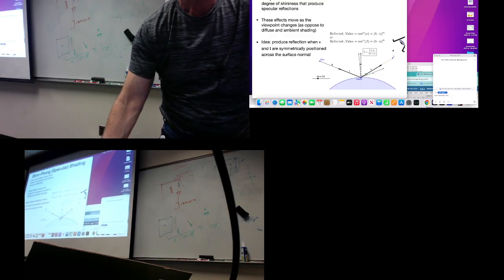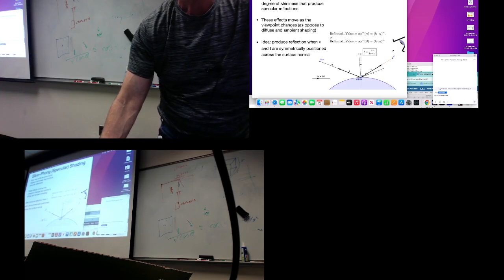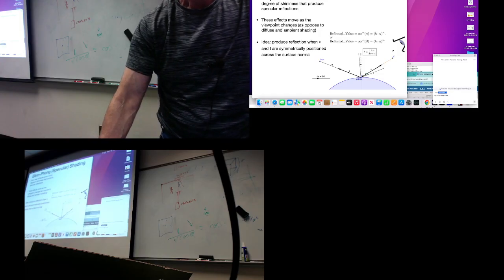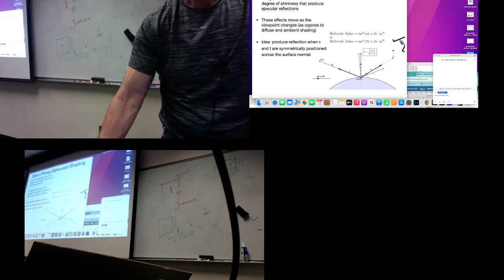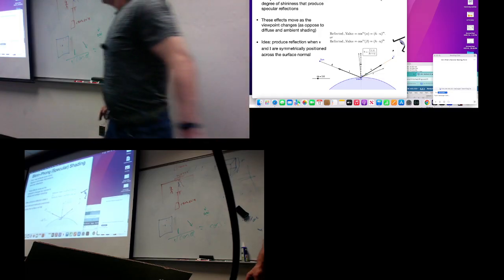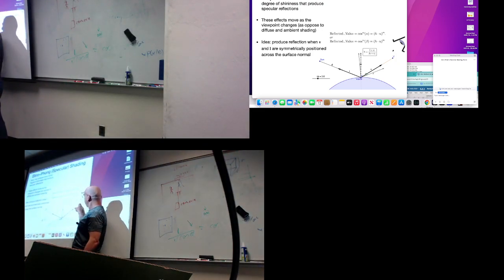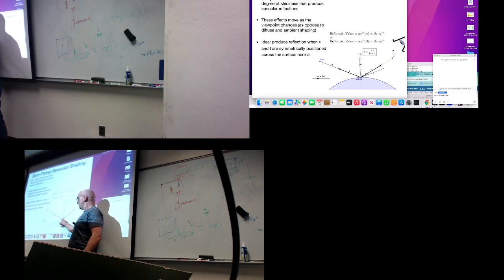Now, Blinn-Phong specular shading, which is again an approximation, will say: if this is the sun and here is a viewer, then at the point where the sphere acts as a perfect mirror, that's where I see the maximum intensity.